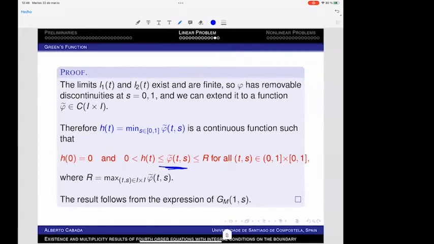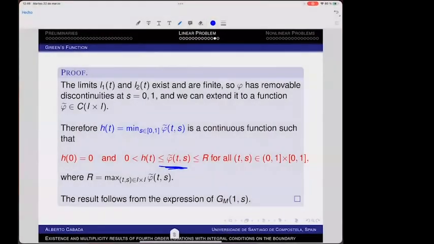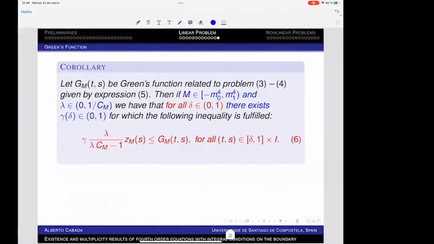Okay, so this is the solution, and my function, remember that I put s here, in our situation is G1(s), okay? That appears at my set, right? So with these properties, we may check the following one.